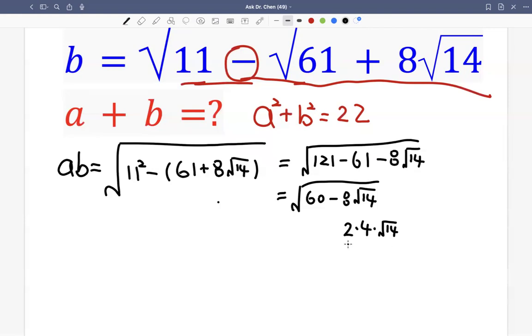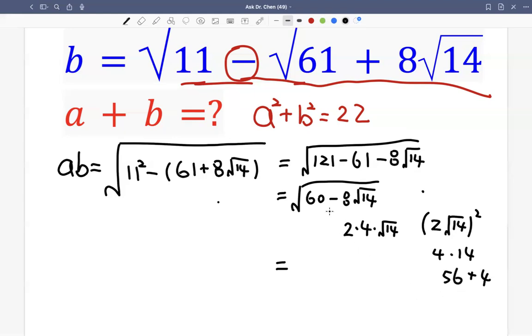Maybe we can simplify. Let's think about 2 radical 14. When we square this one, we get 4 times 14, which is 56. Then 56 plus 4 is 60.